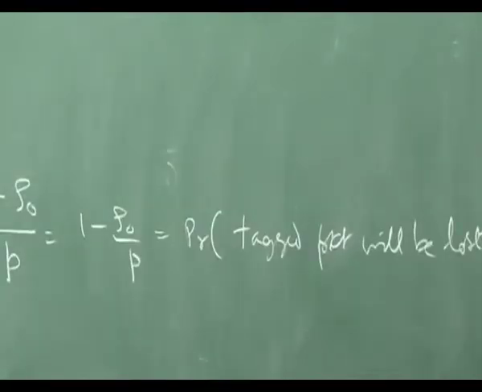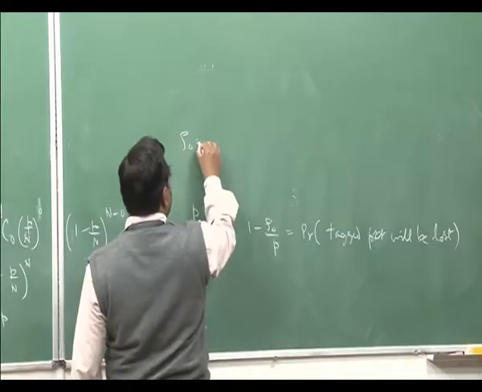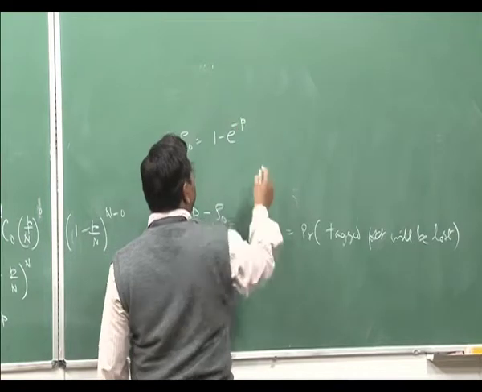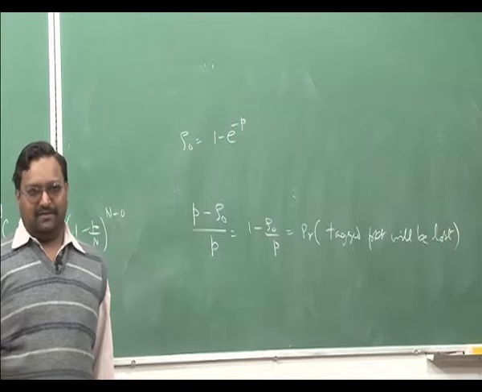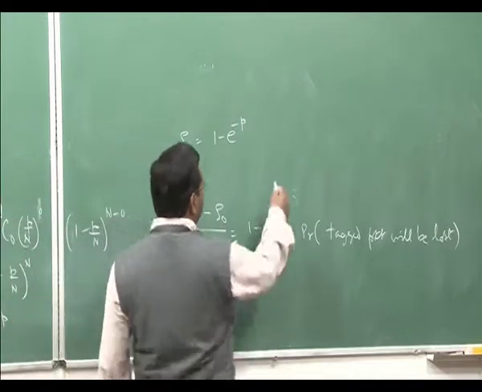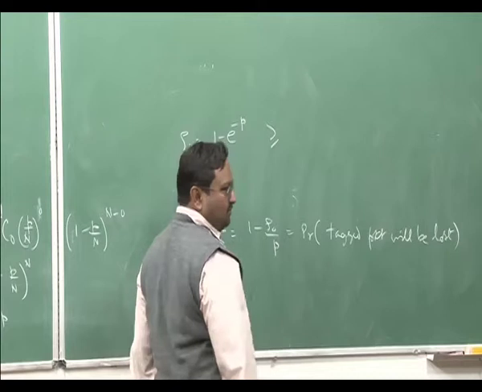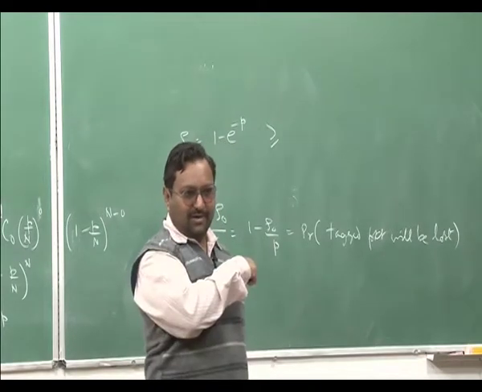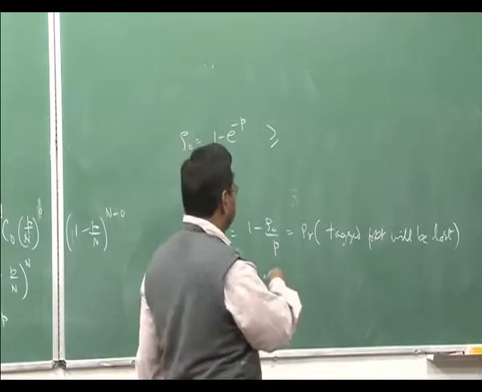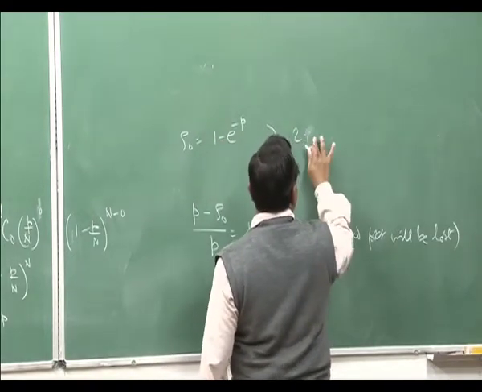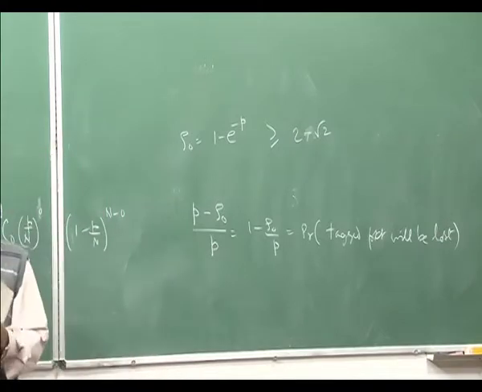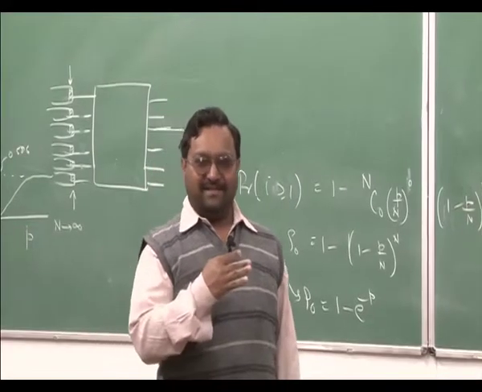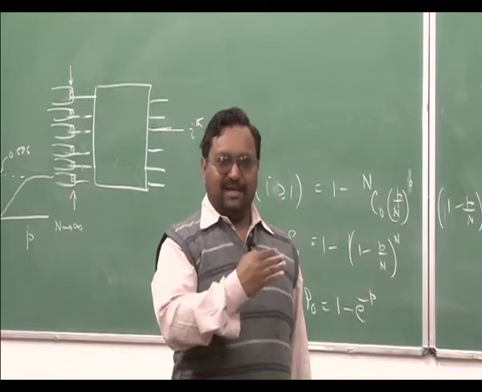And then of course, now your rho naught is 1 minus e raised to power minus p, for a given p. When this is going to be greater than or equal to whatever I have solved for the fully saturated condition, 2 minus root 2, find out the values of p for which this is going to happen. So till 0.586, if my p is till that point, it is fine.